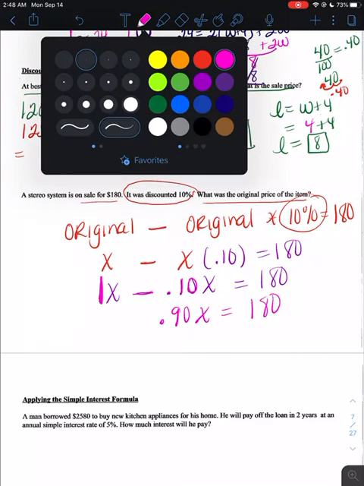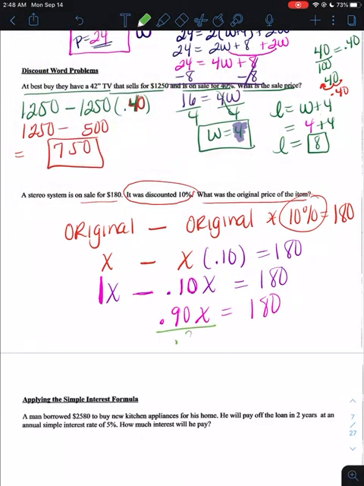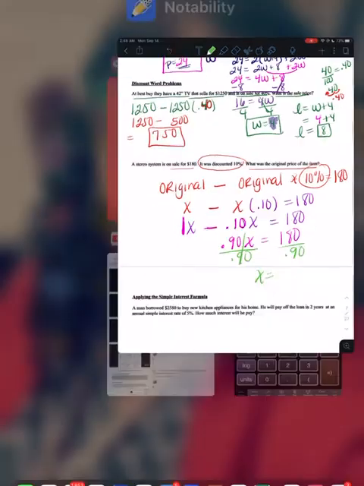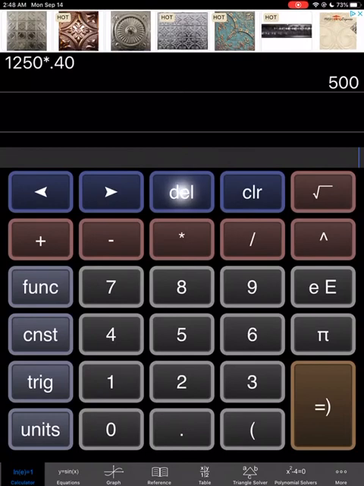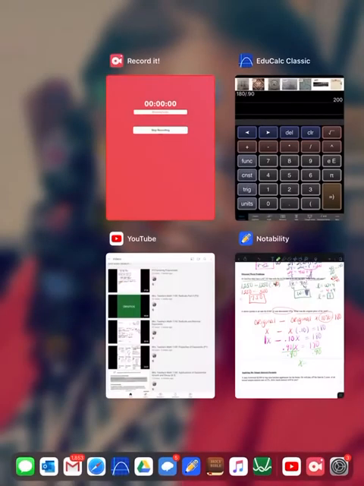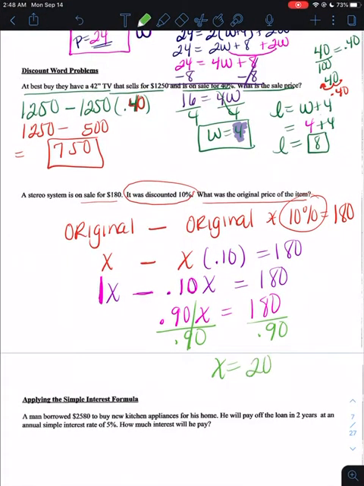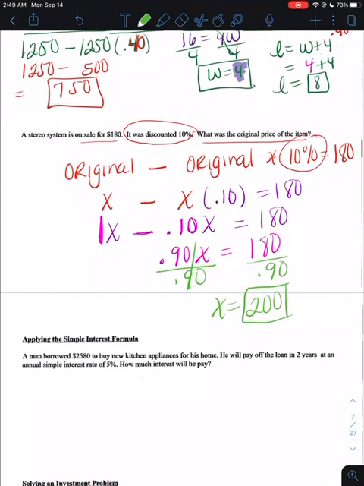So to get the answer, I need to divide both sides by 0.90 to get the original price. So 180 divided by 0.90, or 0.9, which is $200. So that's how much the original price was.